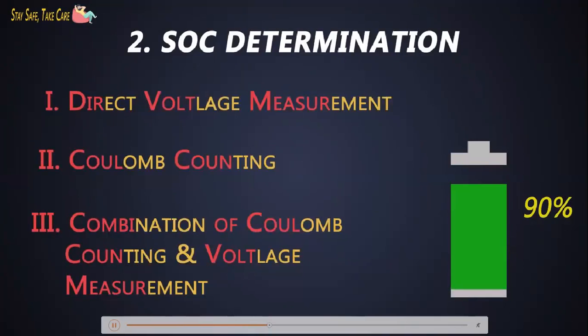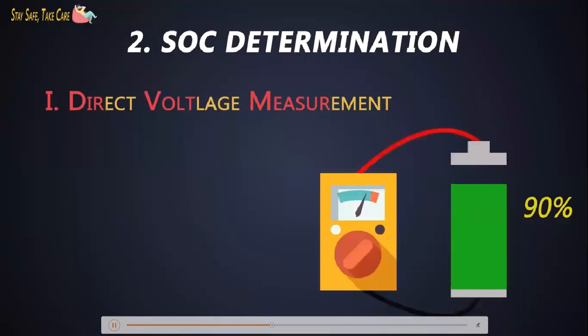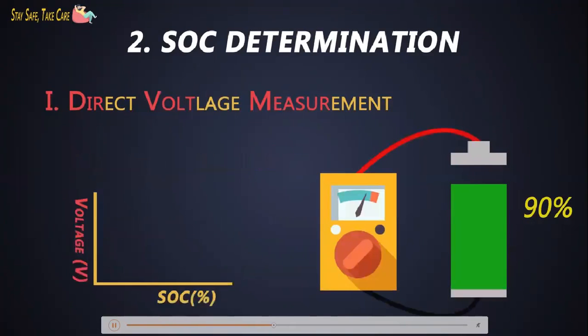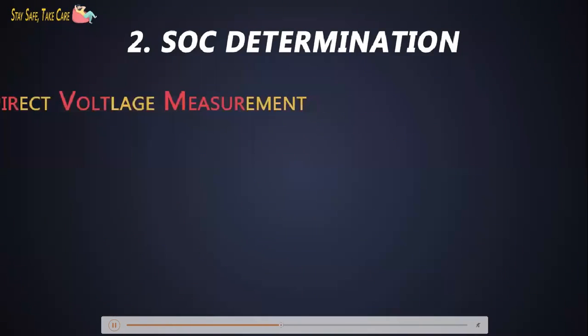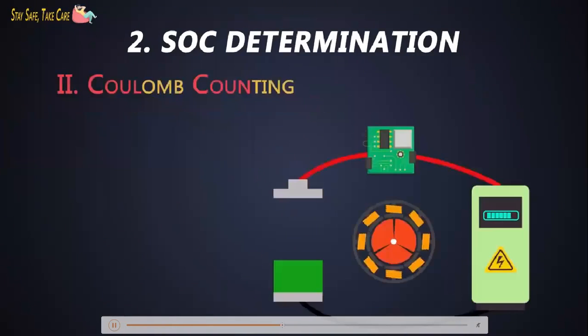There are different types of SOC determination methods, but we will be focusing mainly on the first two. In the discharge cycle of the battery, the battery voltage decreases. In the Coulomb counting method, the current coming in or going out of the battery is measured over time to calculate the relative amount of charge.